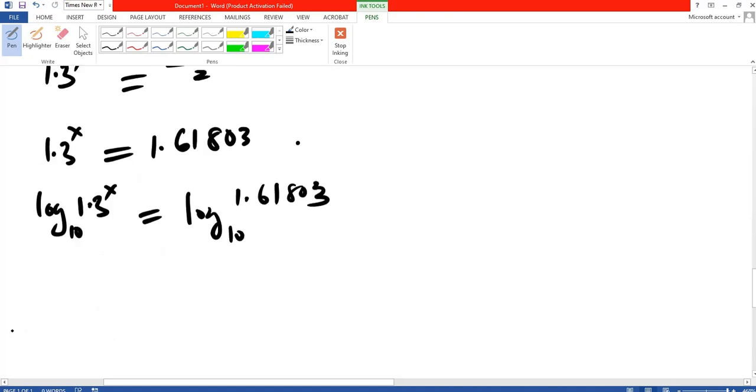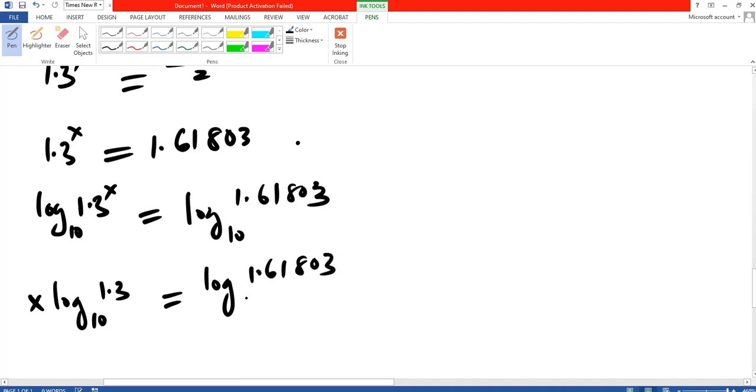What you do to this side, you do to the other. So this expression is the same thing as saying x times log 1.3 base 10 equal to log 1.61803 base 10.